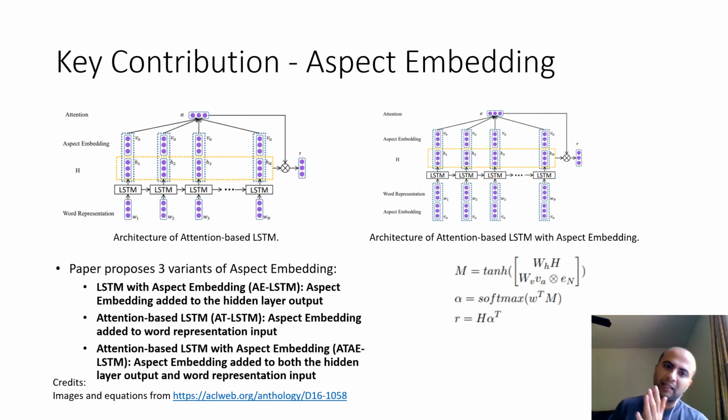Now, this is the key contribution of the paper. We have seen LSTM and feed-forward LSTM network in the previous slides. The unique addition of this paper is, if you see these VA, it's the same VA across the network. So there is an additional layer of aspect embedding that is concatenated or appended to the word vector or to the hidden layer output.